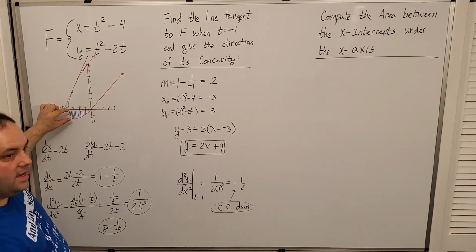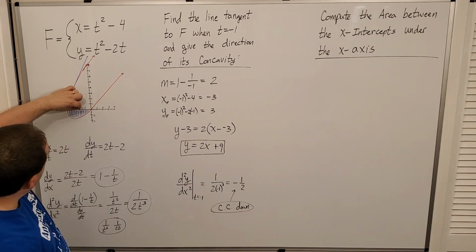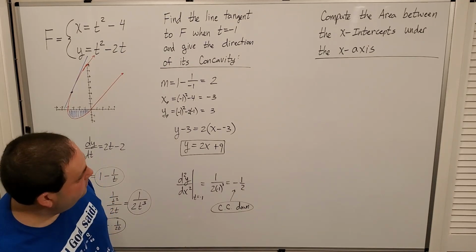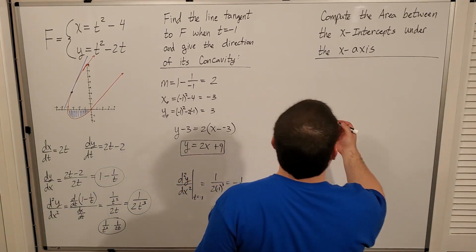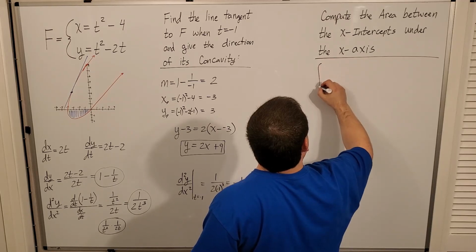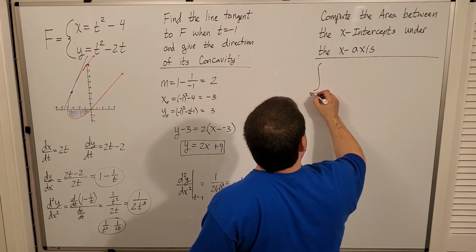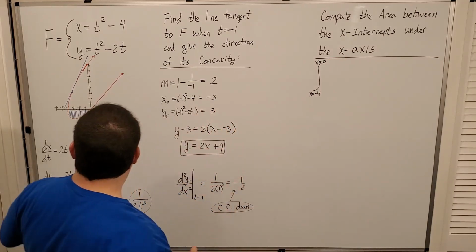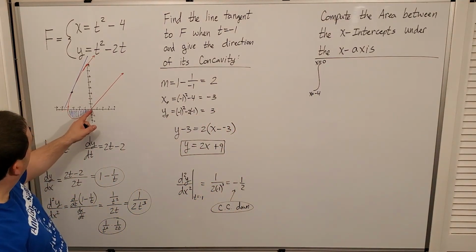Y is going to be the heights of our rectangles, and I'll just use dx as the thickness of the rectangles there. Okay, so in other words, I'm going to be integrating from x equals -4 to x equals 0, because that's where our two intercepts are. You can see -4 and 0.